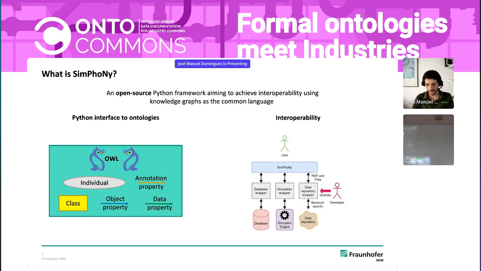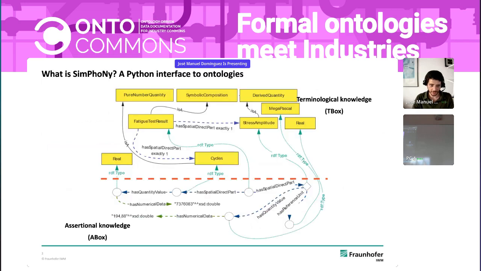But we need to have this, and then after it is clear what it offers in terms of manipulating or exploring the ontologies and building knowledge graphs based on them, we can go to the interoperability aspects and how this interacts with third-party software. As said, I will start with this aspect of being a Python interface to ontologies.